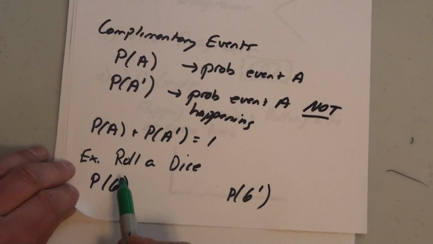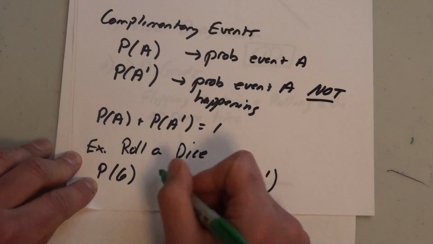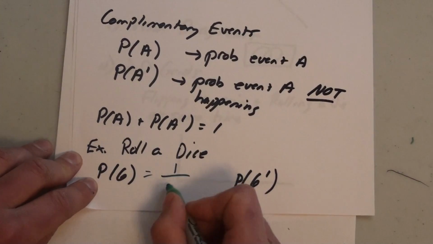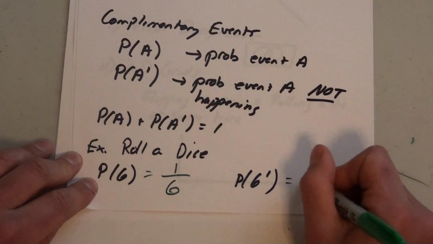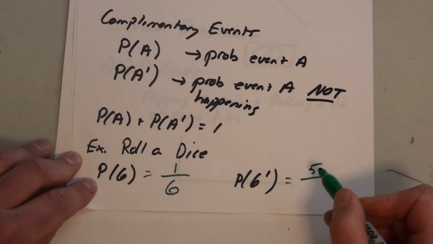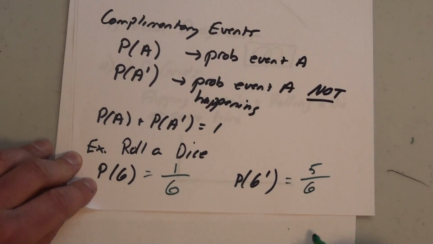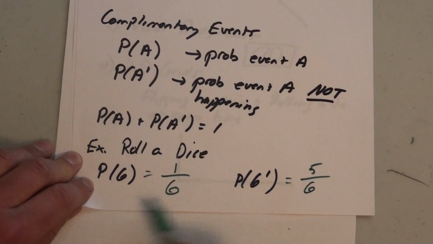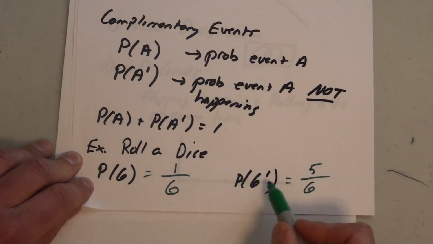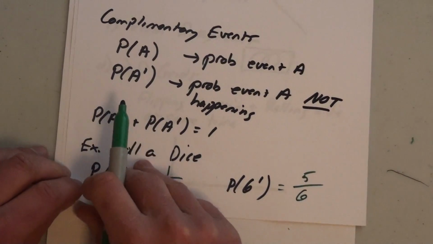So again, you roll a die, probability of me getting a 6 on a normal dice, you have 1 six out of all 6 outcomes. The probability of me not getting a 6, well, there are 5 numbers on the dice that are not a 6. You have 1, 2, 3, 4, and 5 out of the 6 total outcomes. Now, if I add those up, either you got a 6 or you didn't get a 6. It's going to add up to 100%. Again, the 6 prime represents 6 not happening.